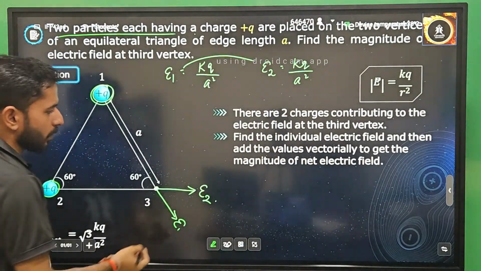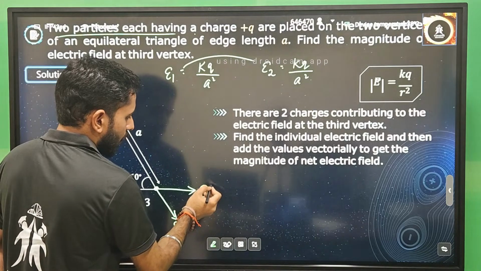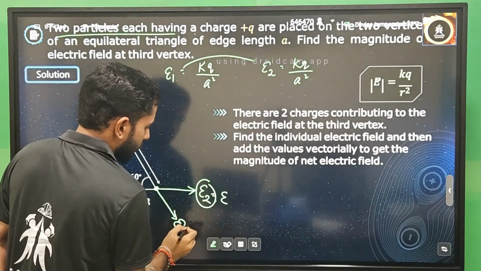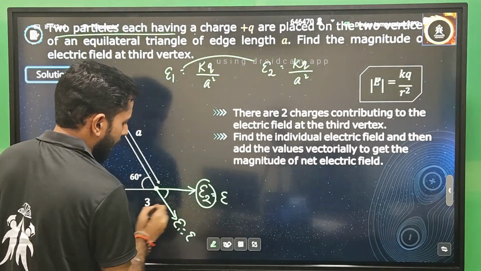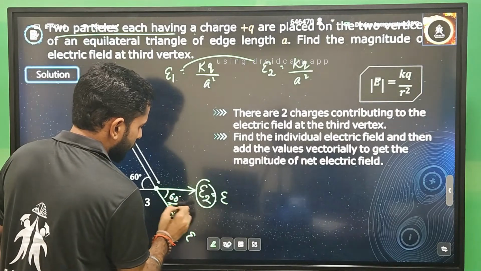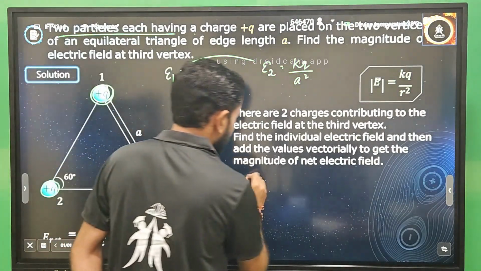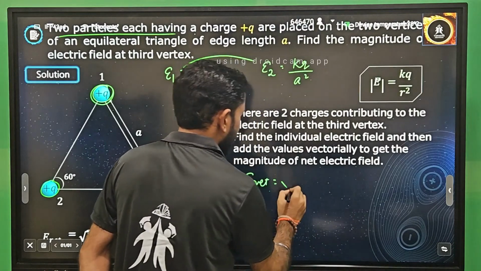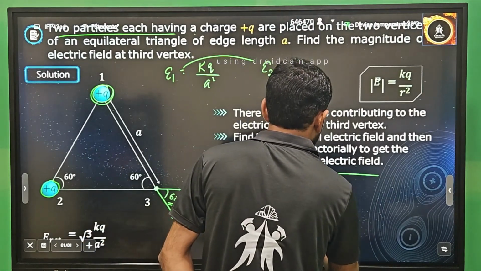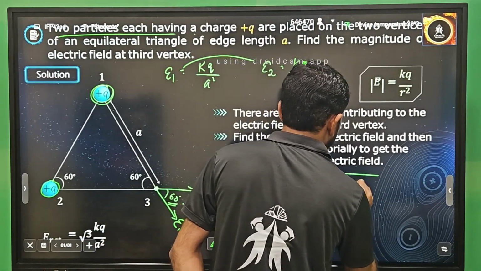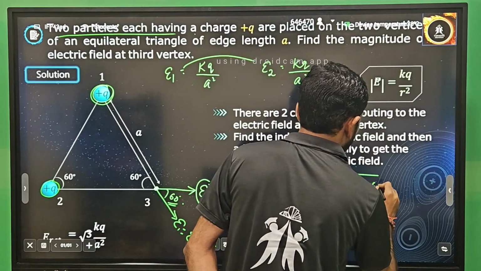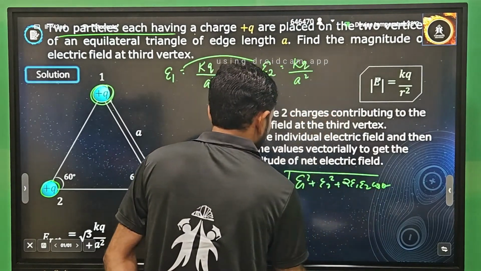So basically I have to resolve only two vectors which are equal to each other, and the angle between them is what? 60 degrees. Is it a very tough job? What is the resultant? You will write E net equals root under E1 square plus E2 square plus 2 E1 E2 cos of theta.